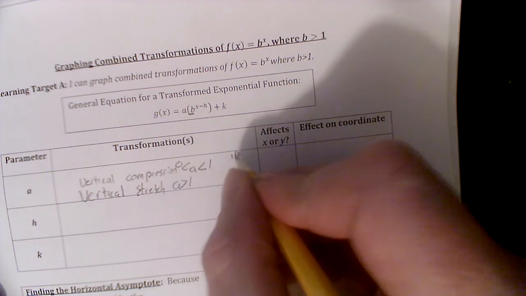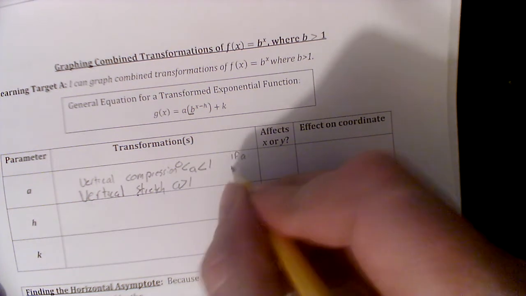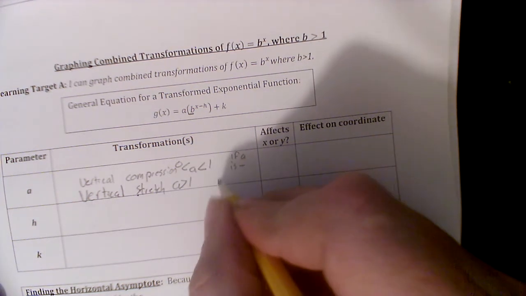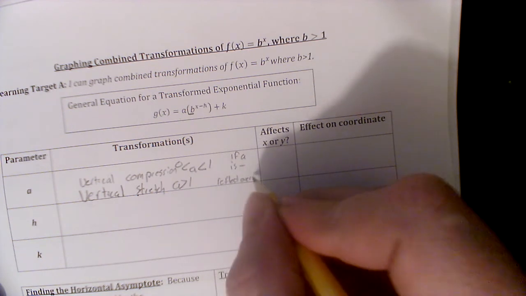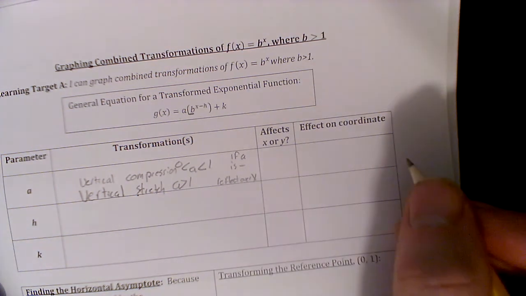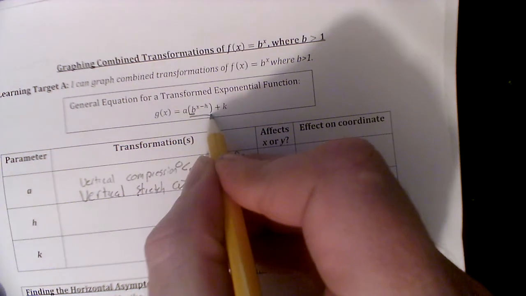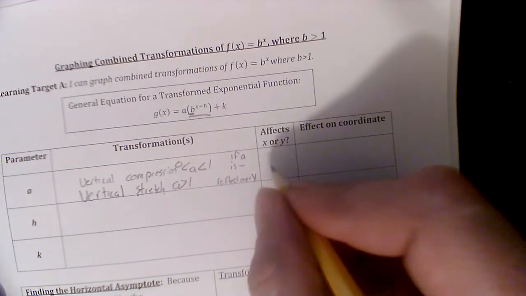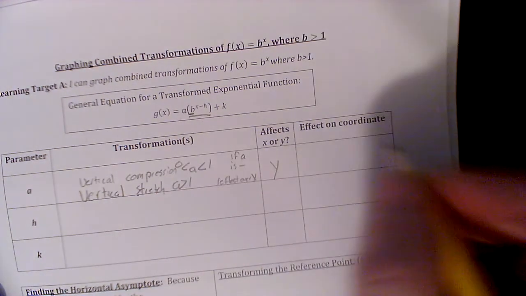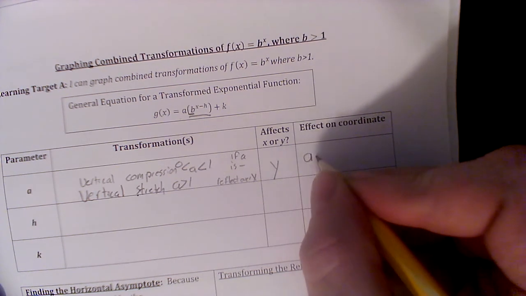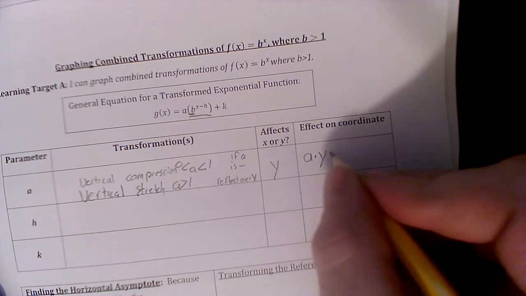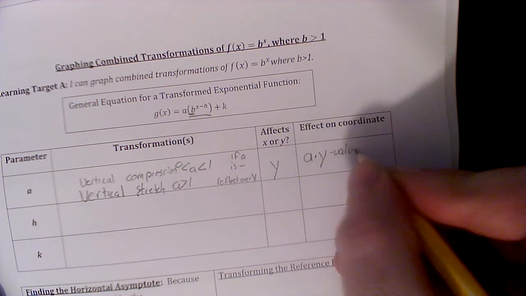And if A is negative, reflect over X, okay? Now remember, everything in here affects your X, A affects your Y. And specifically, right, effects on the coordinate, you multiply A by your Y value.